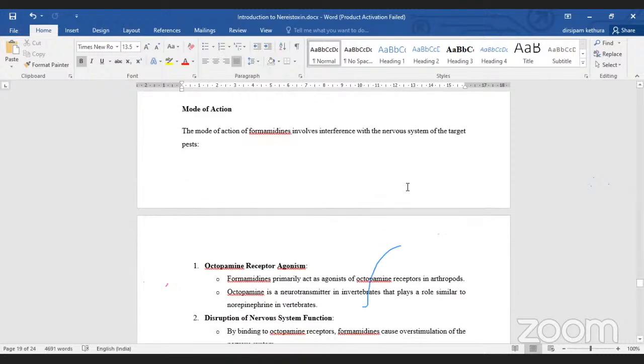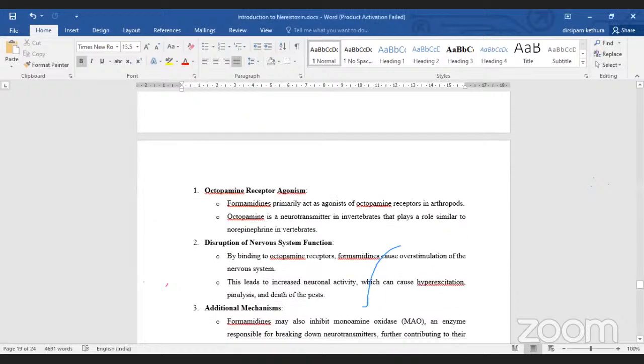Coming to the mode of action, these formamidins involve interference with the nervous system to target the pest. This is what we already studied in most of the cases. Here they act primarily through agonism of octopamine receptors, which leads to the disruption of the nervous system and death in target pests.